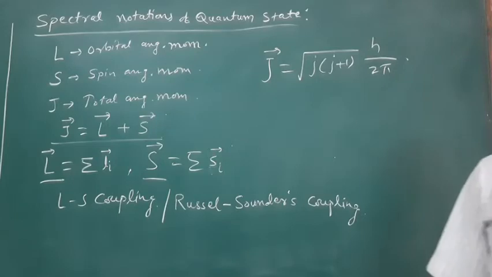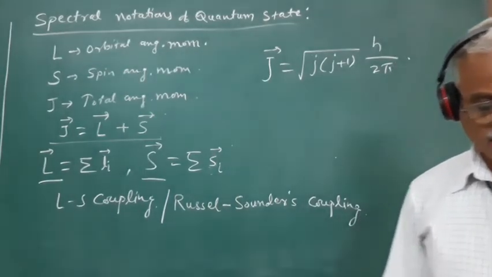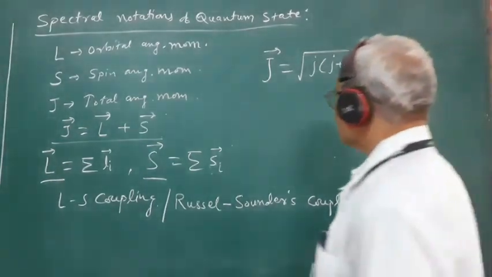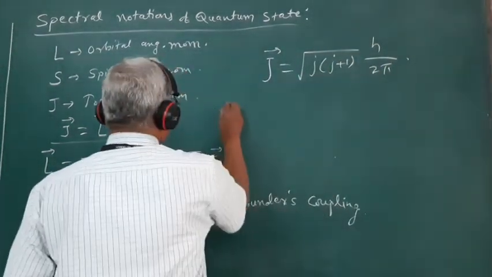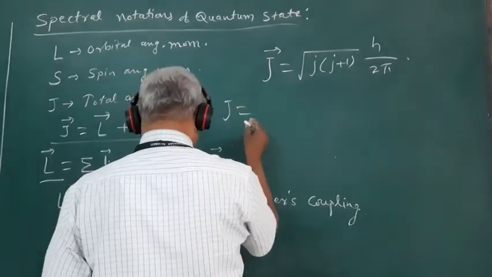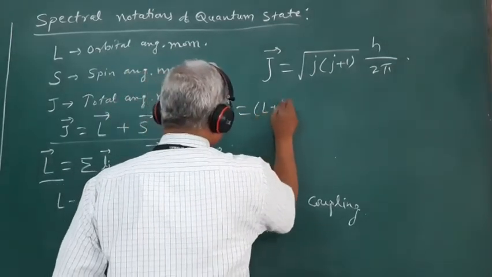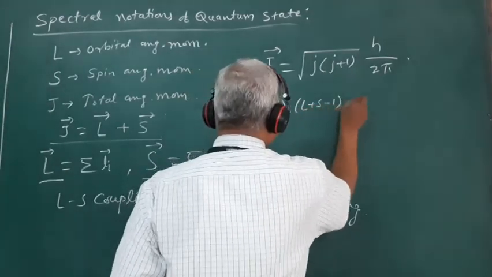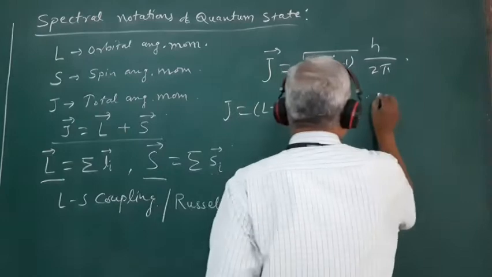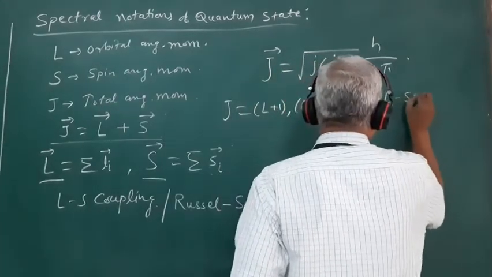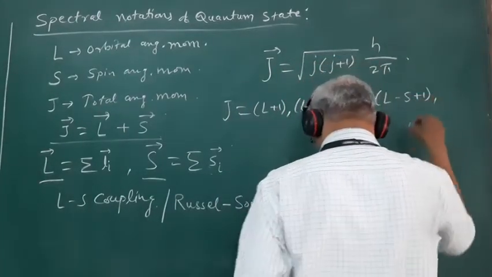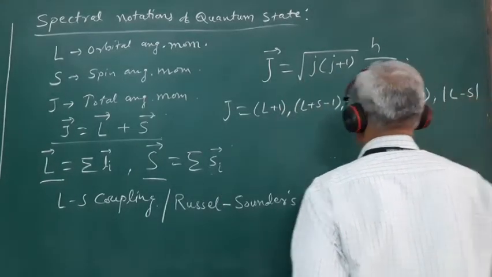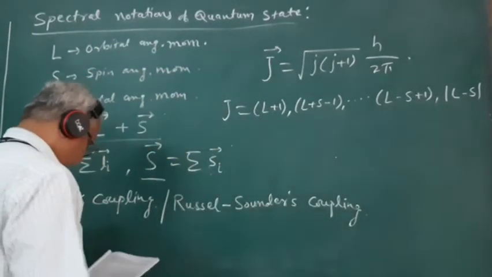So the total number of allowed values of J bar for the given L bar and S bar can be expressed like this: J is equal to L plus S, L plus S minus 1, and so on, down to L minus S plus 1, and L minus S, which is small.